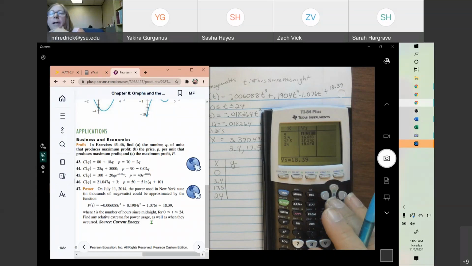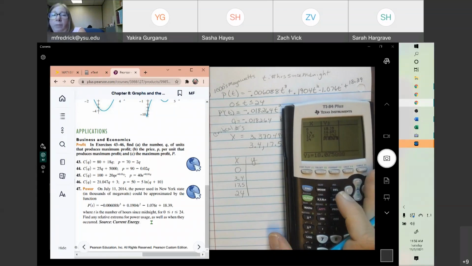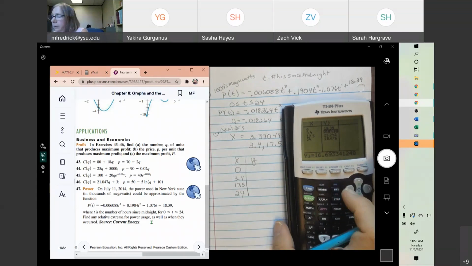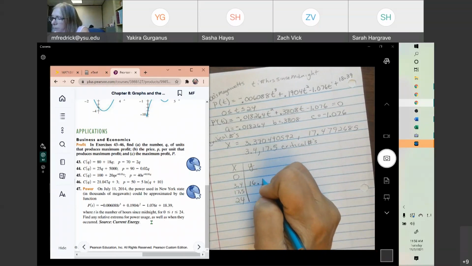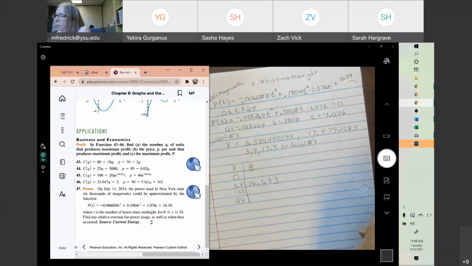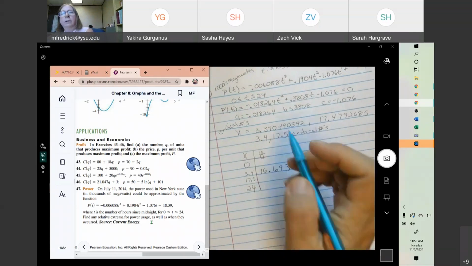So these are all highs and lows on the graph. 18.39, 16.69, 25.24, and 18.07. But they are in thousands of megawatts. So our low one is the 16.69. Now it's thousands of megawatts.